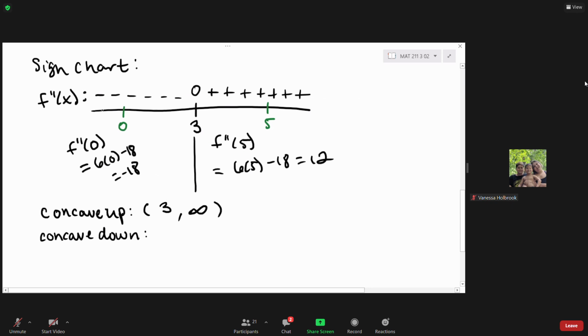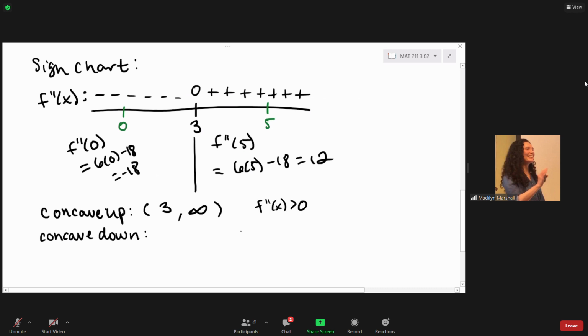Exactly. And that's because f double prime is positive on that interval based on our sign chart. And it's concave down on the other part of the graph, negative infinity to 3, since f double prime is negative. This problem didn't explicitly ask for those intervals, but I wanted to highlight that. That's what we were practicing on those graphs before. F double prime being positive means it's concave up. F double prime being negative means it's concave down.